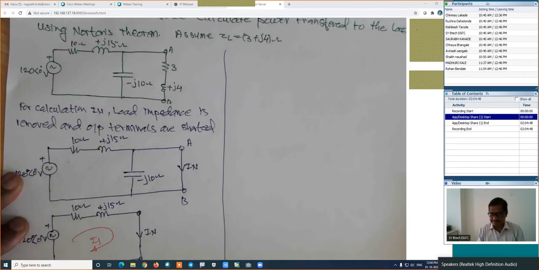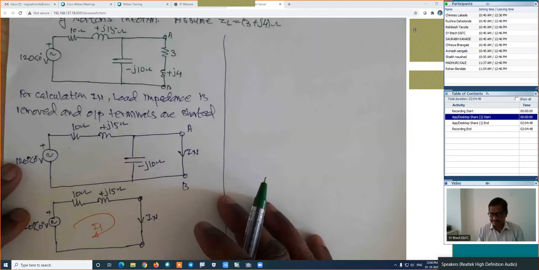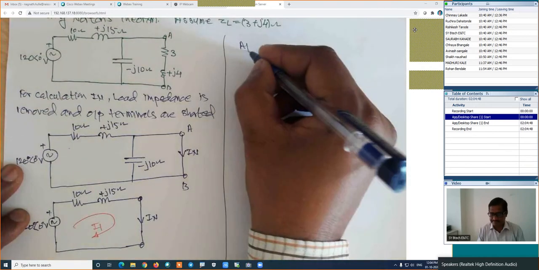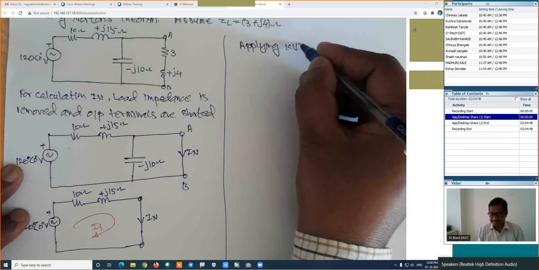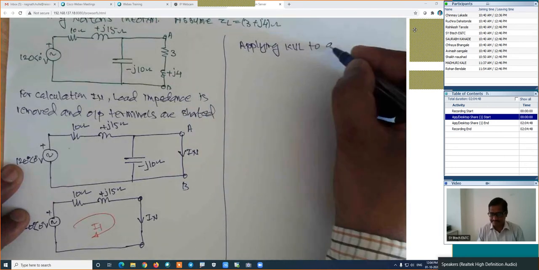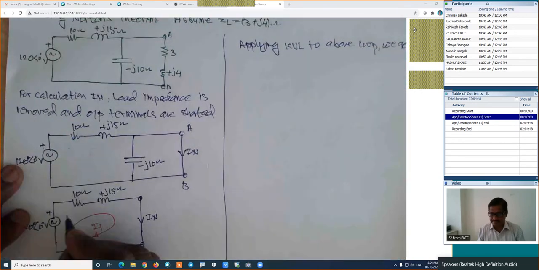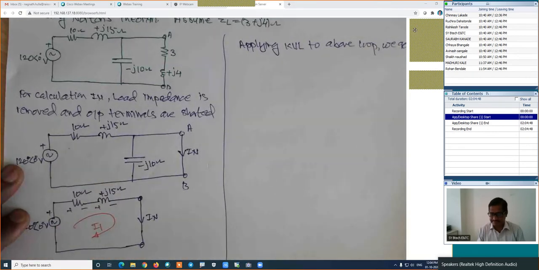If we apply the KVL here, applying KVL to the above loop, we get: this is plus minus, this is plus minus, or you can treat it as a single impedance, 10 plus J15, positive to negative.